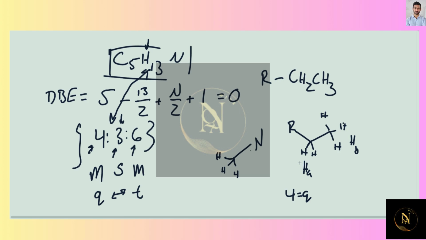For hydrogens B, we count the number of neighbors, 2, and add 1, so n plus 1 equals 3, which tells me hydrogens B should look like a triplet. And we do have a quartet and a triplet, so it's likely that they're splitting each other.